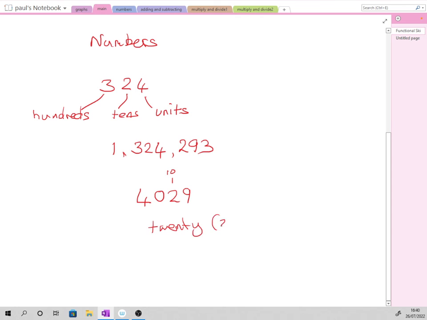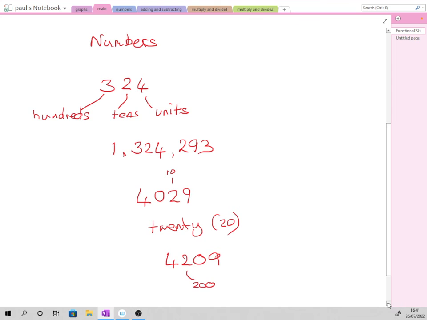Yeah, or 20, doesn't matter which. And of course, because we only have numbers 1 to 9 and including the 0, the 2 can be a different value depending on where it is in the number. So if we have 4209, then it's still a 2, but the value of this now becomes 200.